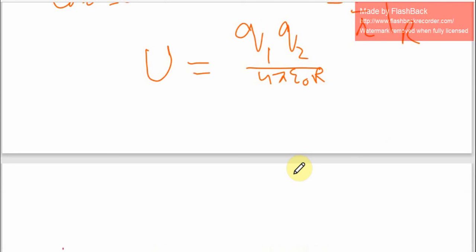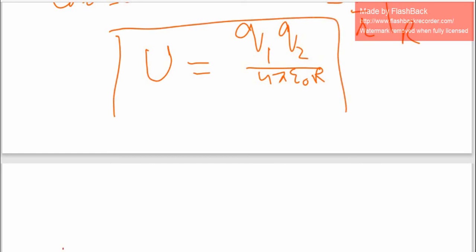You can see negative times negative is positive and positive times positive is positive. If one is positive and the other is negative, then I do negative work. Okay, so this is the equation for electrostatic potential energy.